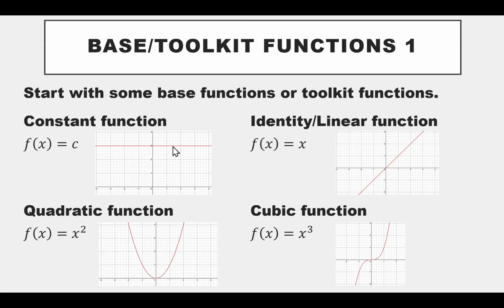Constant functions are just horizontal lines, but my identity or linear function goes through the points (0, 0) and (1, 1). My base quadratic function goes through (0, 0) and (1, 1). My base cubic function goes through (0, 0) and (1, 1).